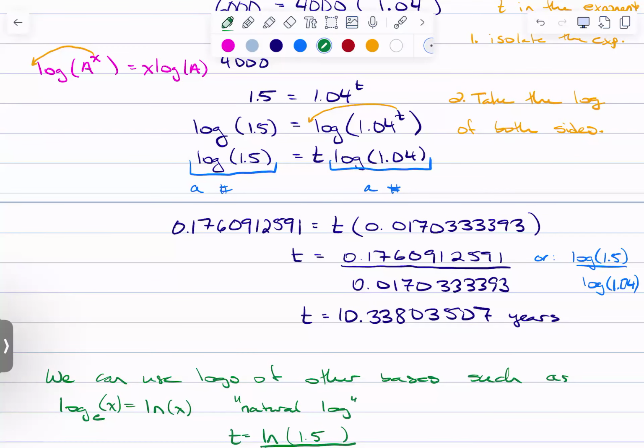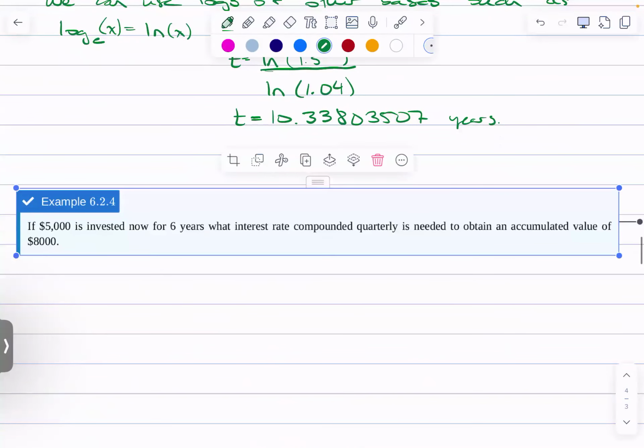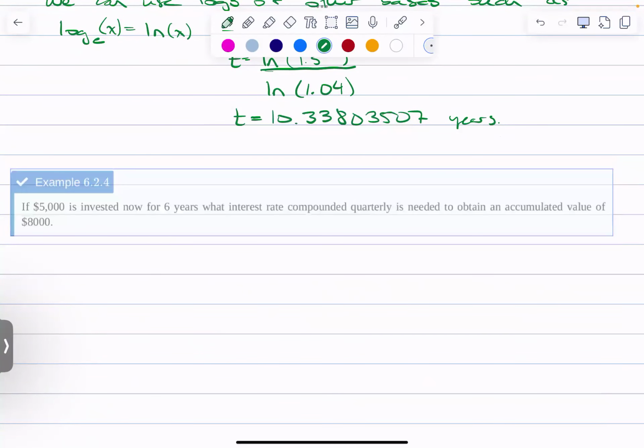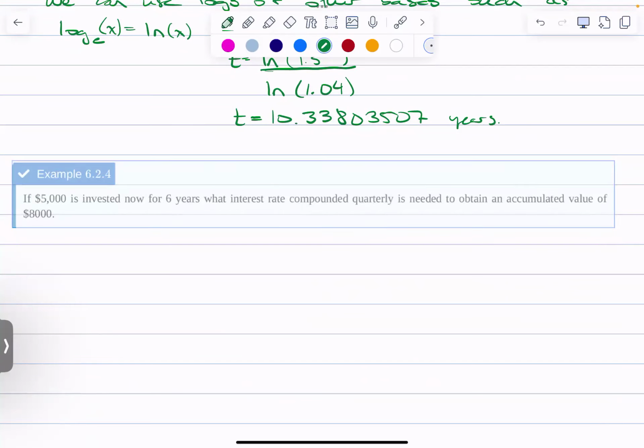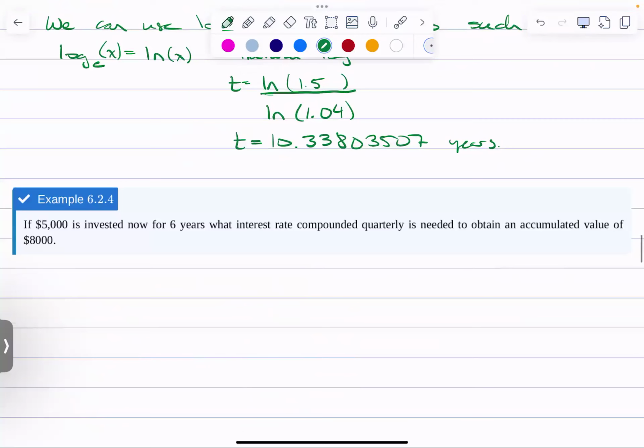But kind of fun. Any questions before we do this next one?